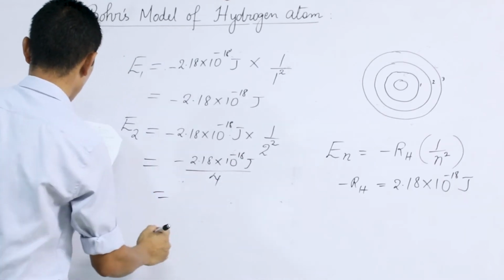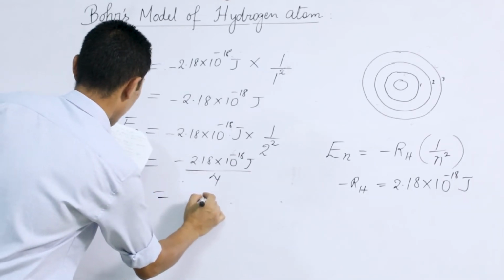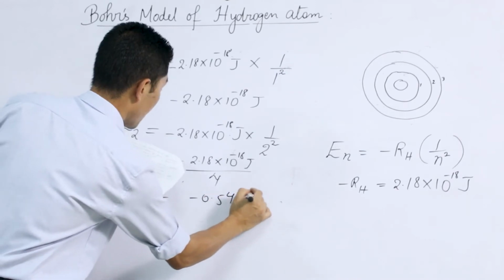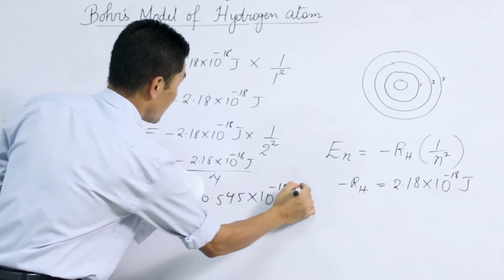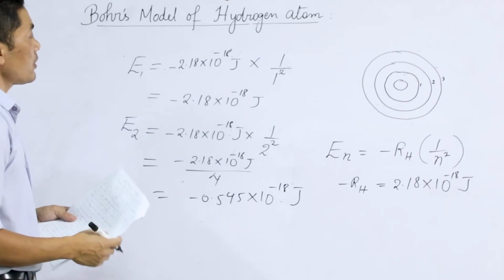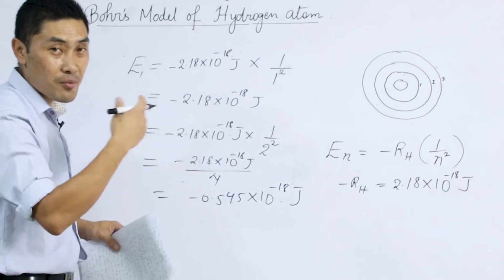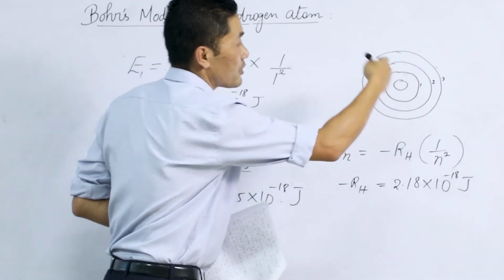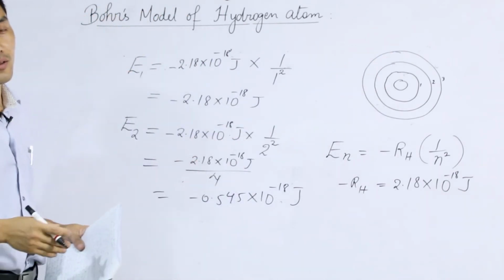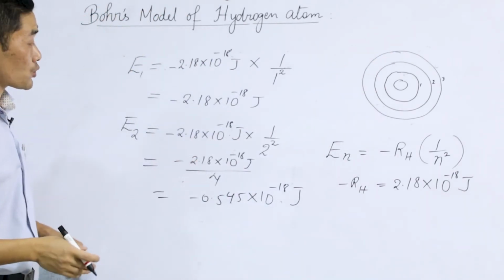This will give us minus 0.545 into 10 to the power minus 18 joule. In the same way, we can calculate for the third orbit and fourth orbit or fifth orbit and so on.